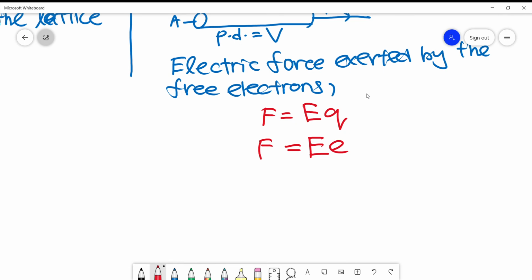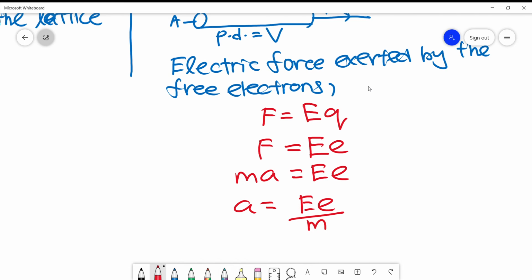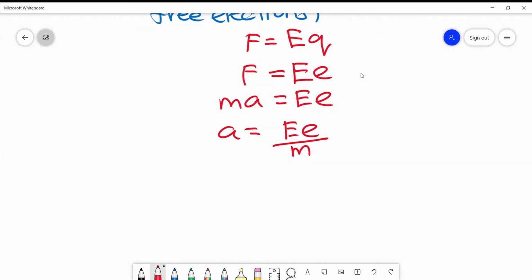This is Ee, and the basic formula for force is ma. So ma equals Ee, and hence the acceleration of the free electron is Ee over m. This m is the mass of the free moving electrons. This is equation 1.